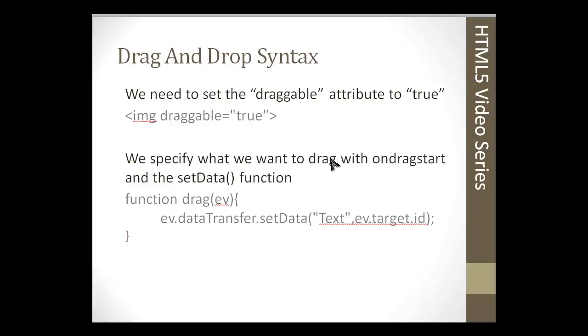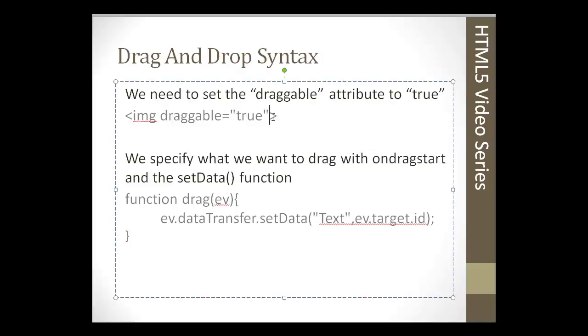So the first thing is that we need to set the draggable attribute to true. If it's an image that we want to drag, we have to have this attribute and set it to true. Obviously, you'd have your source, you type in the link to your image, but we do have to have this attribute. So we made this image draggable.